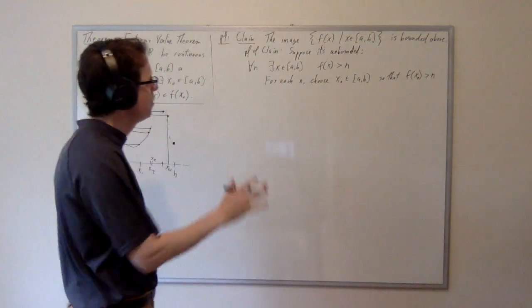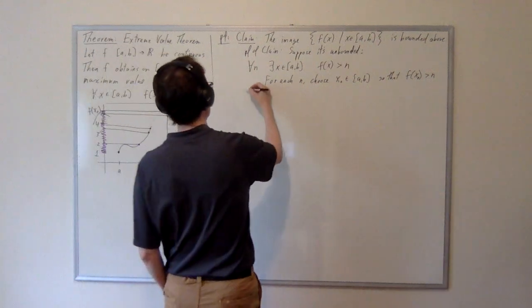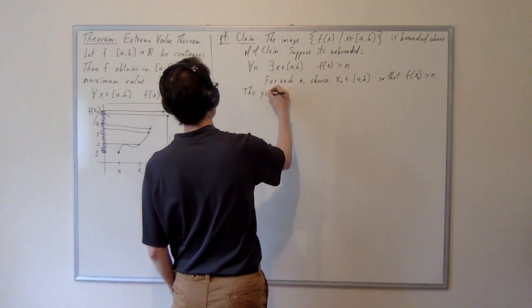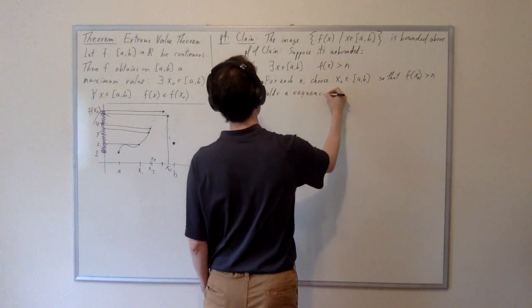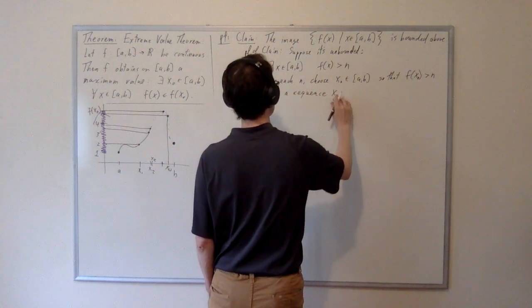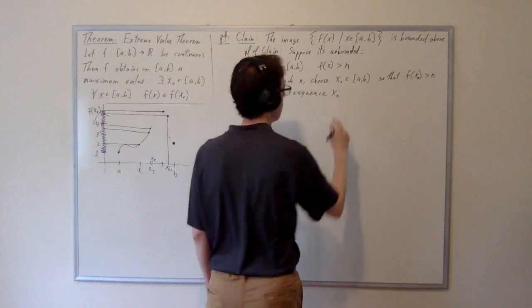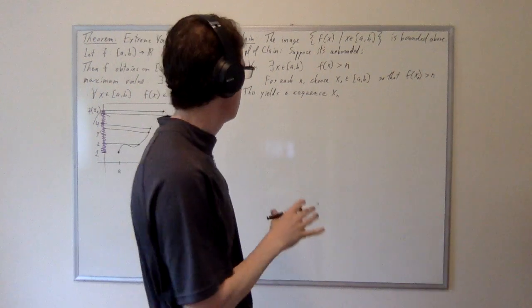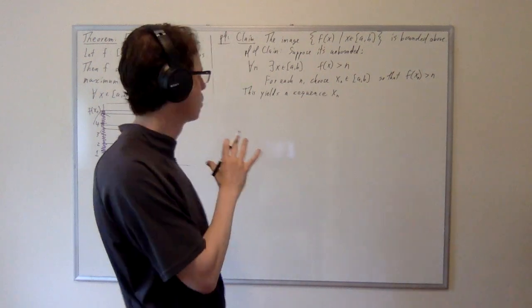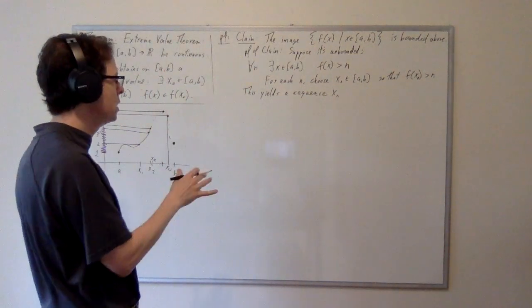All right. Now we have a sequence of values. So this yields a sequence xn. And now that we have a sequence, we should start talking about convergence and divergence. But this actually doesn't just yield one sequence, it yields two sequences.